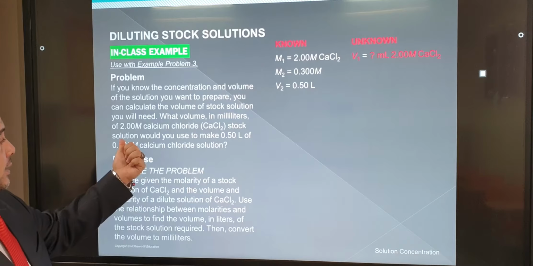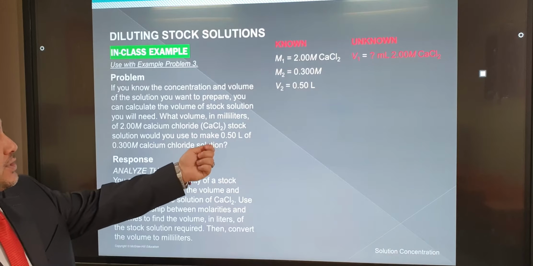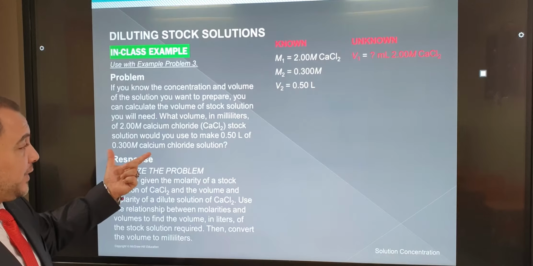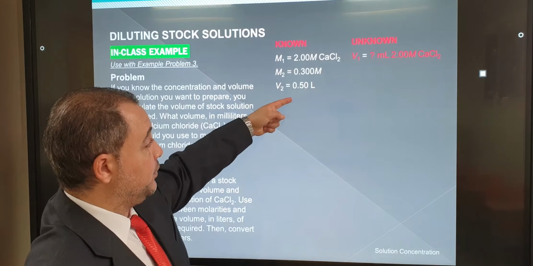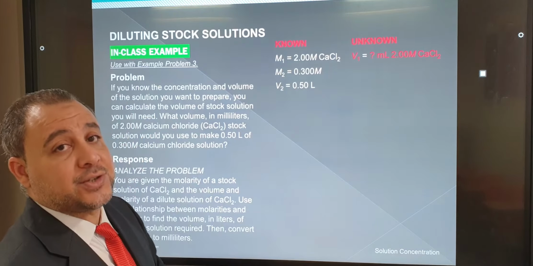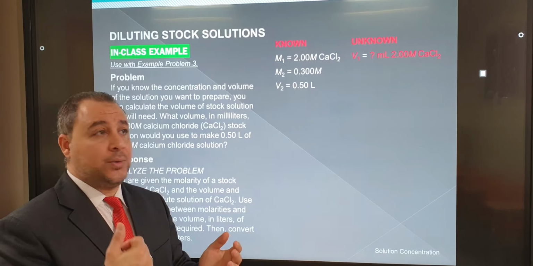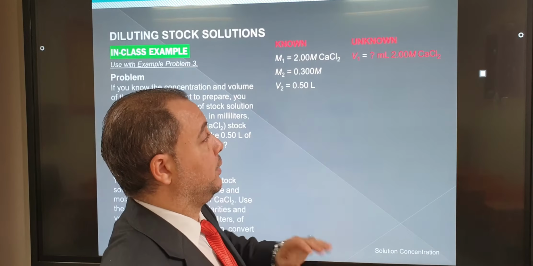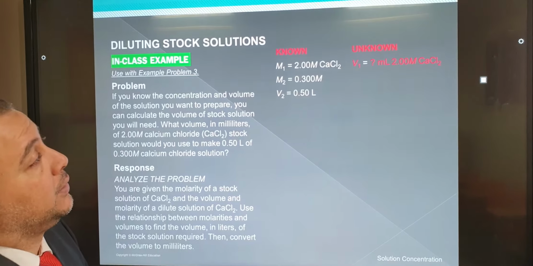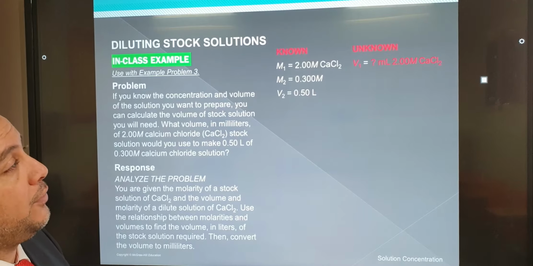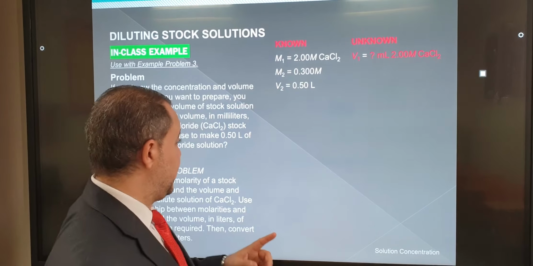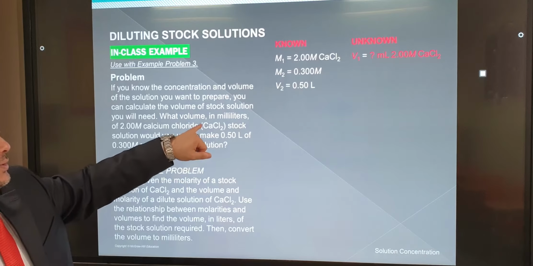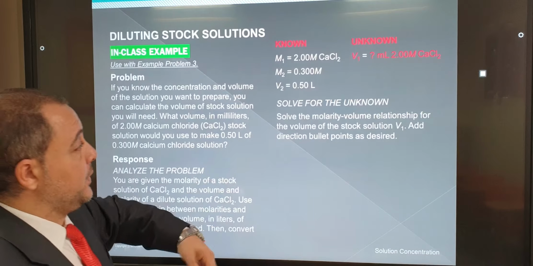V2, the volume of solution you would make, is 0.50 liter, so V2 is related to M2. The unknown part is V1, in milliliters, the volume of the 2 molar CaCl2, because he wants it in milliliters.